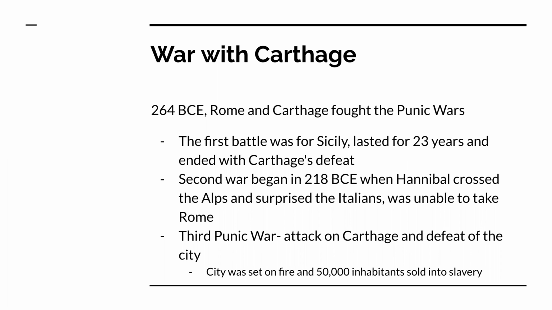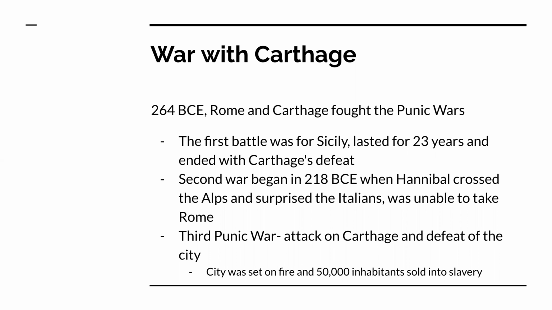In the Third Punic War, there's an attack on Carthage in the year 149 BCE. They attack the actual city itself and defeat it. In doing so, they set fire to the city, and 50,000 inhabitants are sold into slavery.